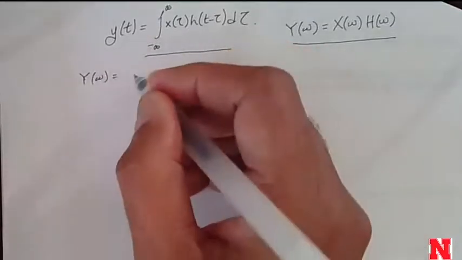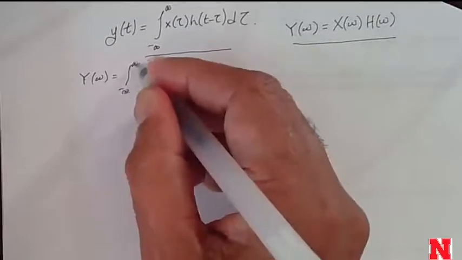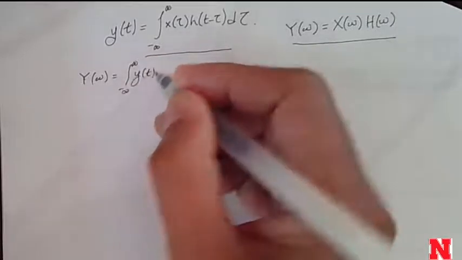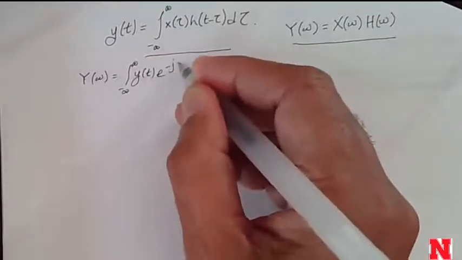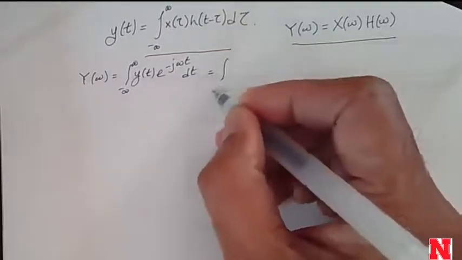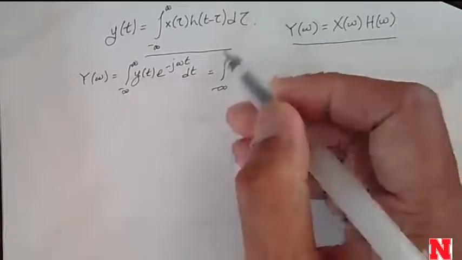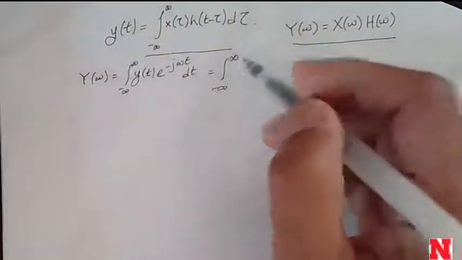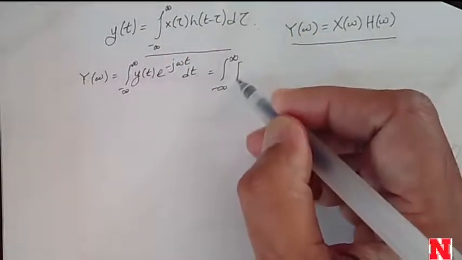So I have Y of omega equal to the integral from minus infinity to infinity of y of t e to the minus j omega t dt. I can take this quantity and put it in instead of y of t.